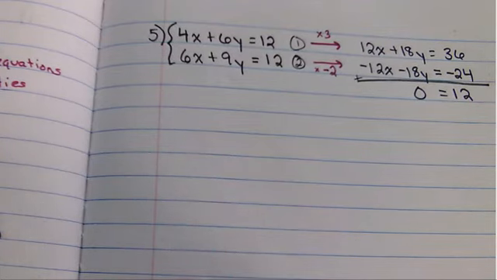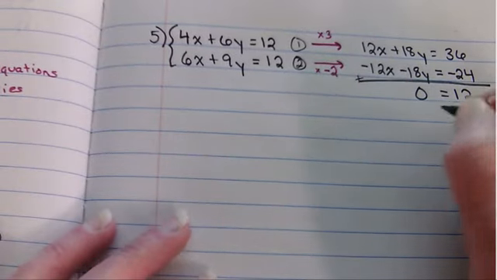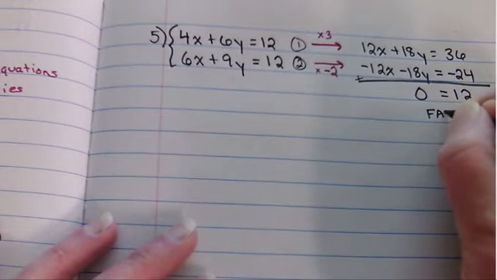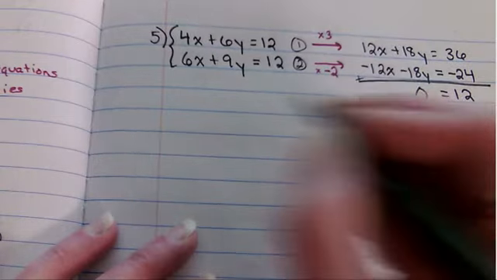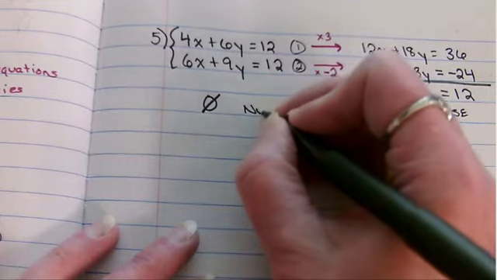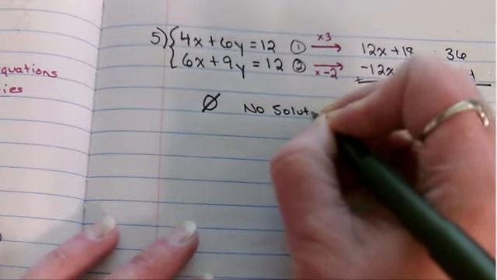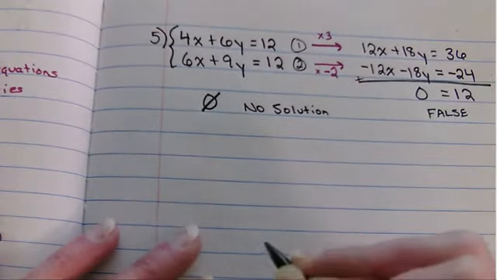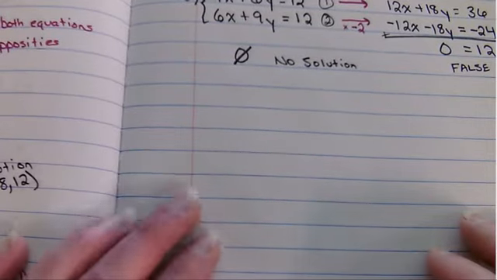Well, the question you need to ask yourself is, do we have a true or a false statement? Does 0 equal 12? No. That's a false statement. So that means we have no solution. You could use the empty set, which means there's no solution at all, or you can write the words no solution.